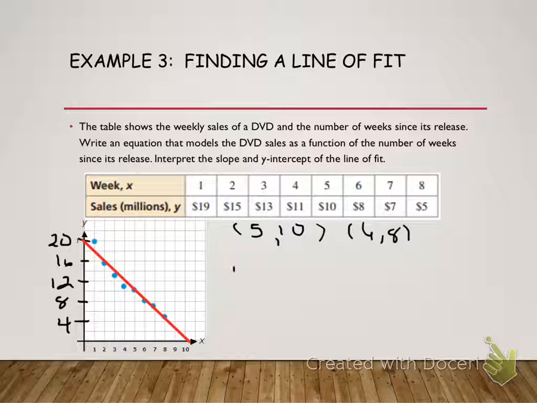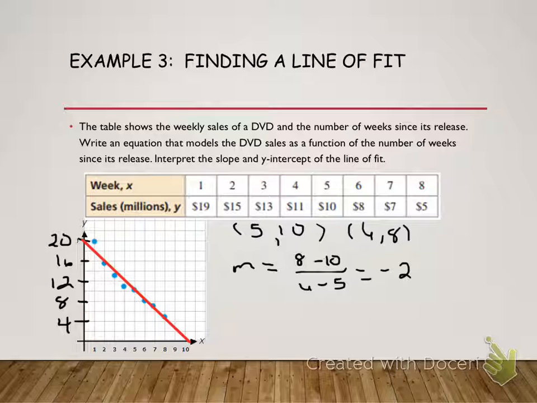So first off, I'm going to find my slope. Remember, change in y, so 8 minus 10, over the change in x, which is 6 minus 5, which gives me a slope of negative 2. That makes sense because it's a negative correlation, so it's going to have a negative slope.